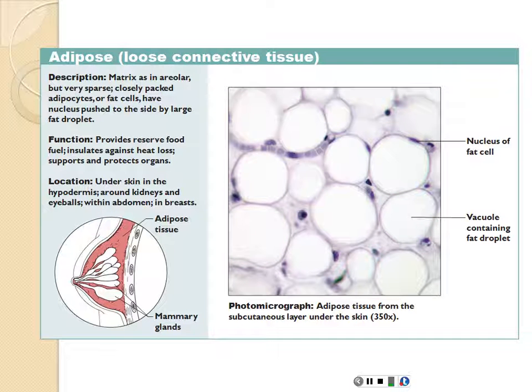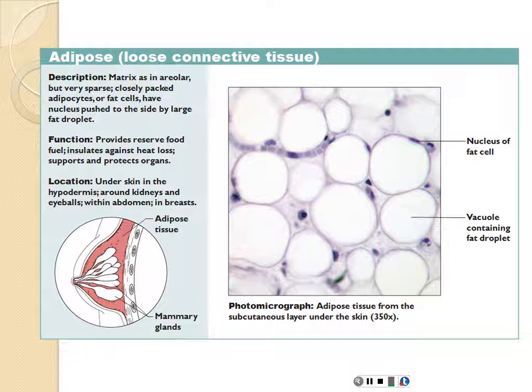So you can imagine that fat tissue is a shock absorber, which is why it accumulates primarily when women become pregnant on the abdomen, and that's to protect, if there's a fall, protect the fetus. Okay. Located under the skin in the hypodermis.